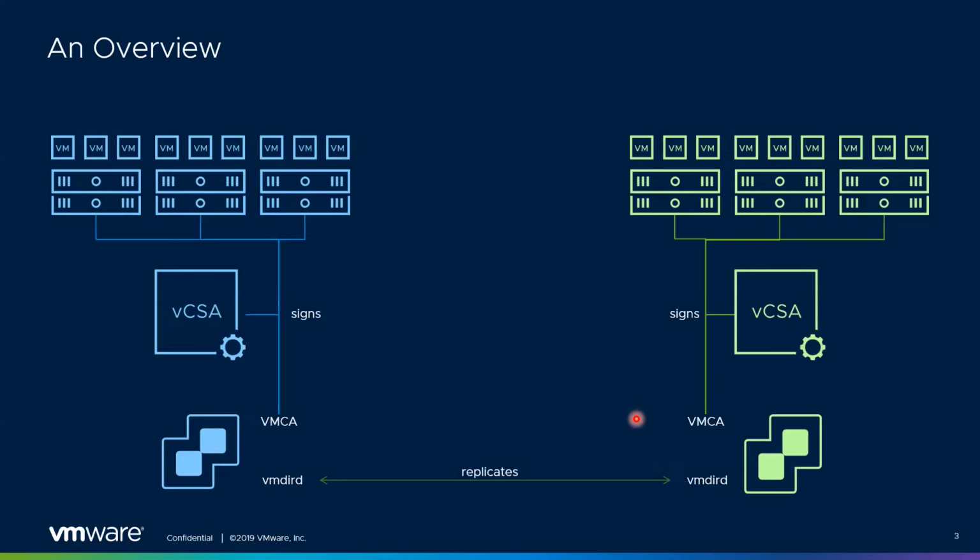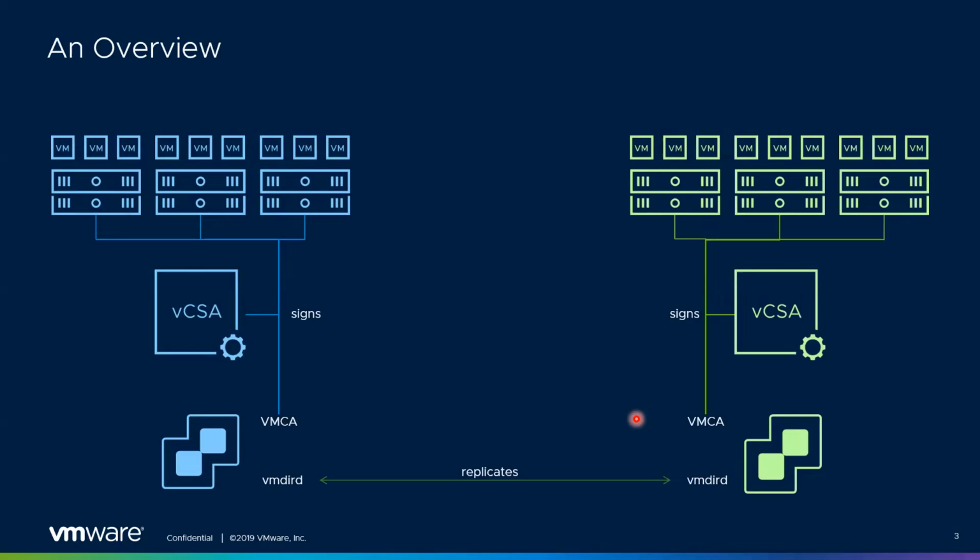When you install a new PSC into an environment, in the installer you get a drop down if you want to create a new site or join an existing SSO domain. Once you join that existing SSO domain, it will generate a new CA for this new PSC, and then it will replicate the changes throughout the VM directory.